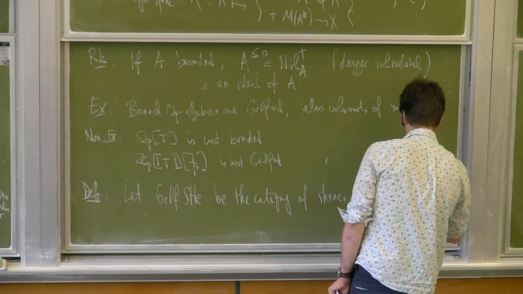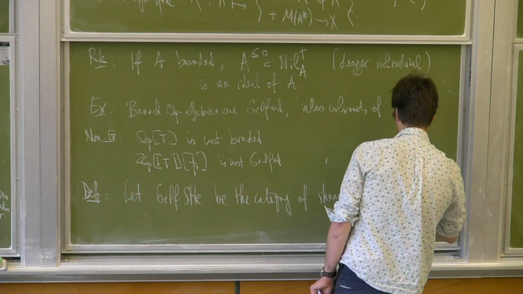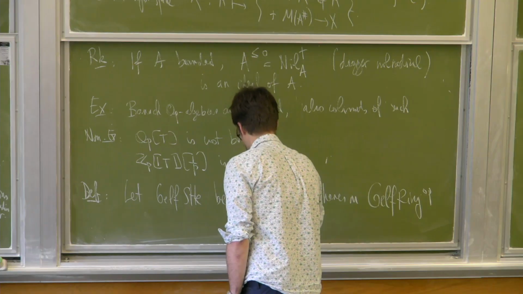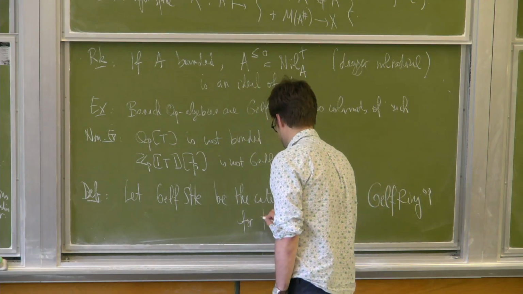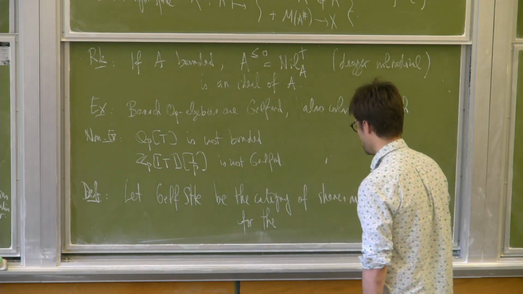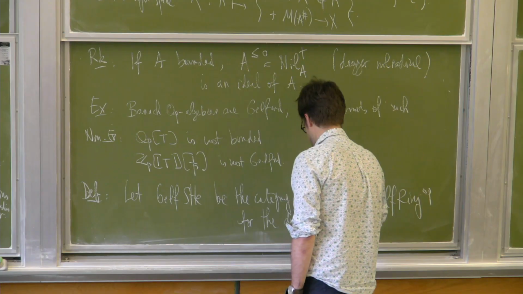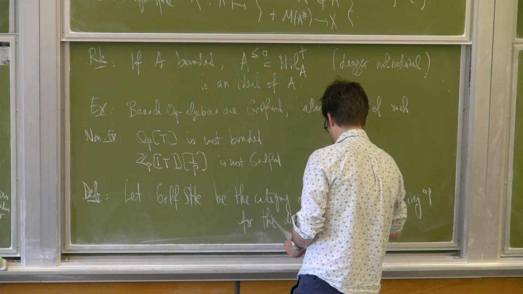I take the opposite category. Because I always work with the induced analytic ring structure, I can just say sheaves for the descendable topology.